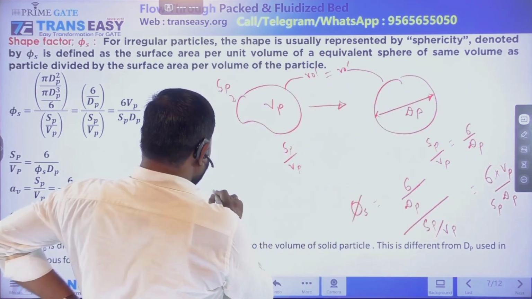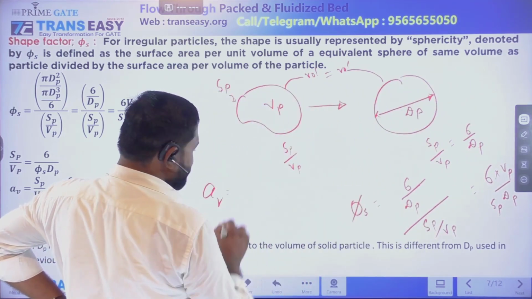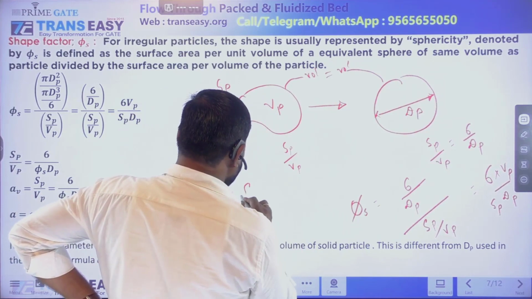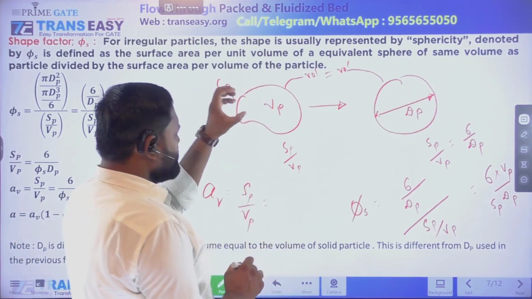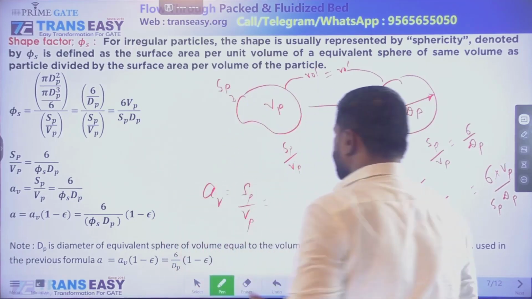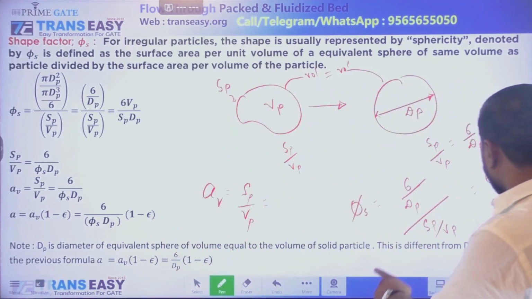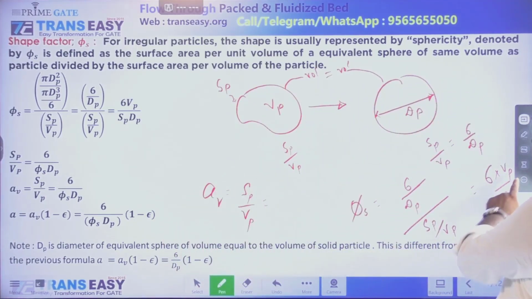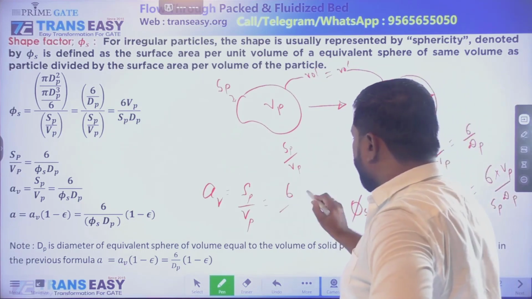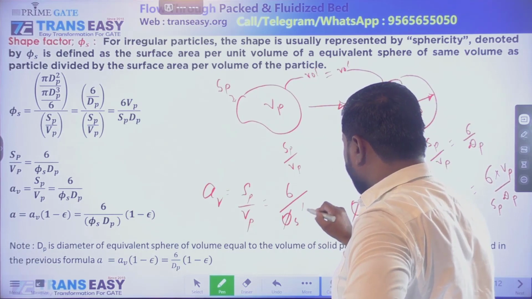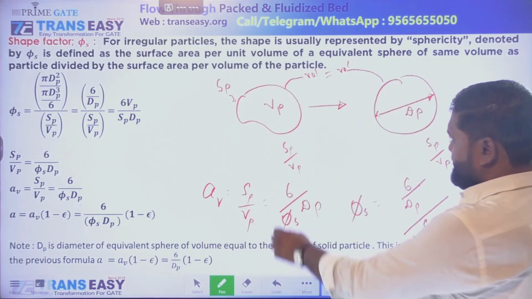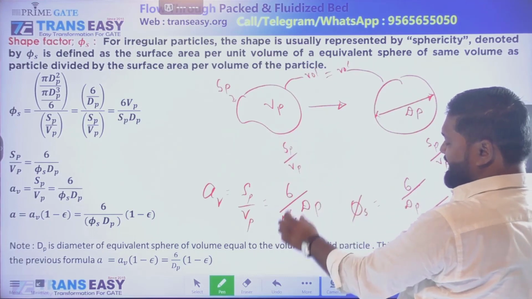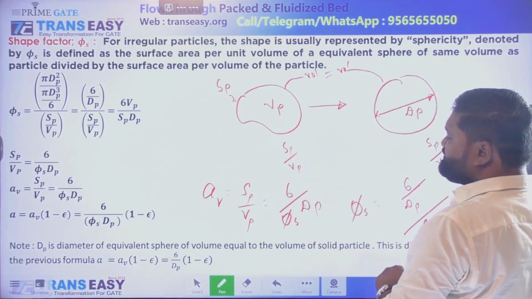Dear students, we know a specific surface area av is equal to sp upon vp. नॉन स्फेरिकल शेप की स्पेसिफिक सरफेस एरिया ये होती है, राइट. So sp upon vp is equal to 6 upon phi s dp, right? So here sphericity or shape factor phi s is given, right?